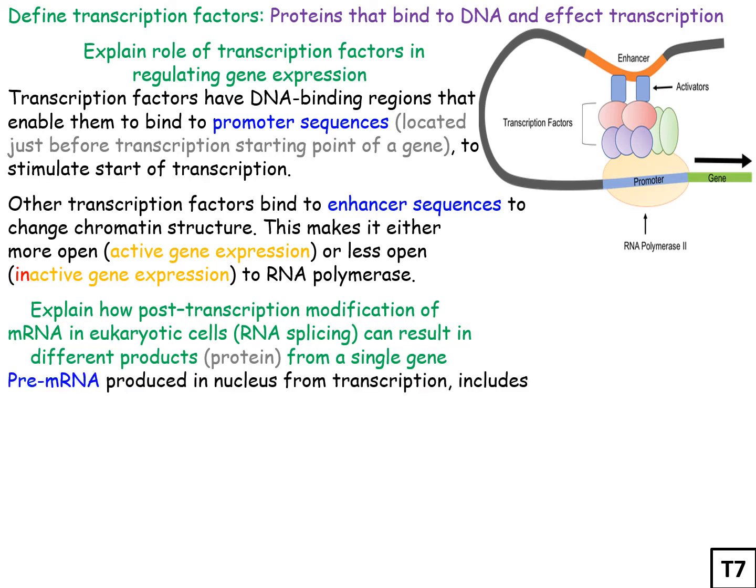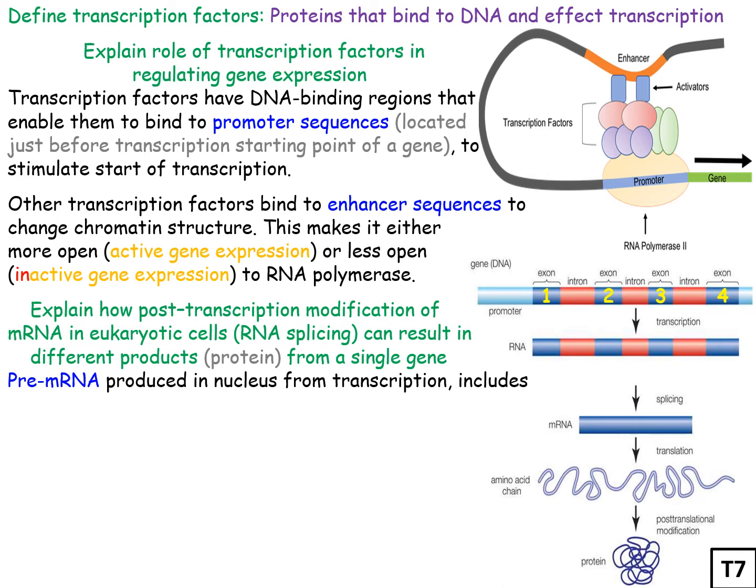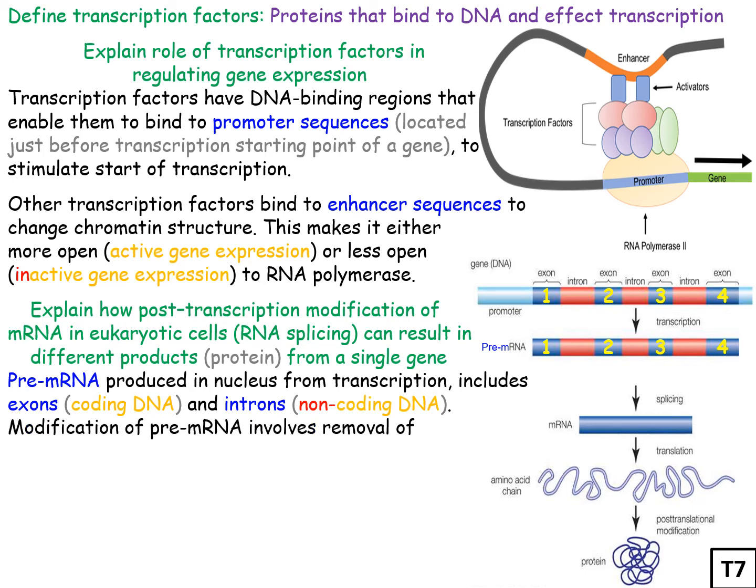The pre-mRNA produced in the nucleus from transcription includes exons, which are the coding part of the DNA, and introns, which are non-coding DNA. Those introns don't actually code for amino acids, but the exons do. But how much of the exons you want to use, or which combination you want to use, can therefore be used to produce different proteins.